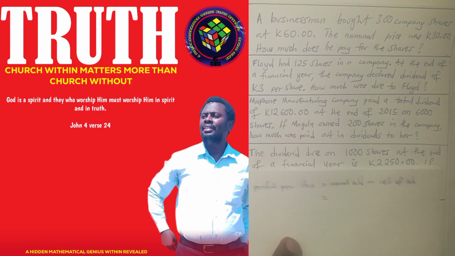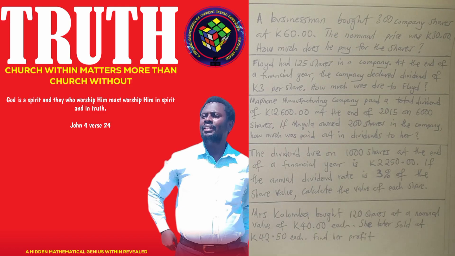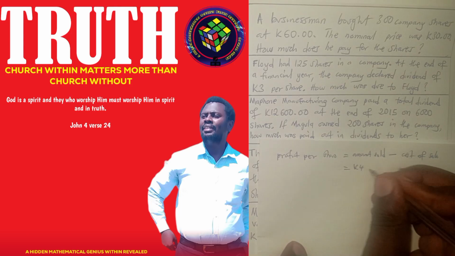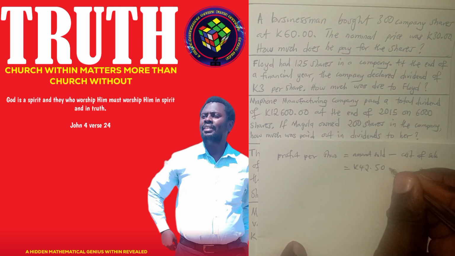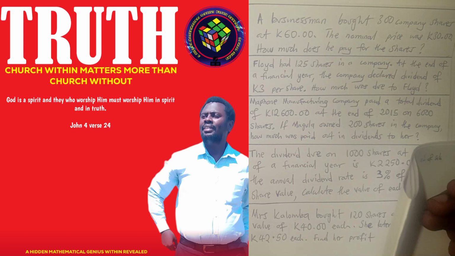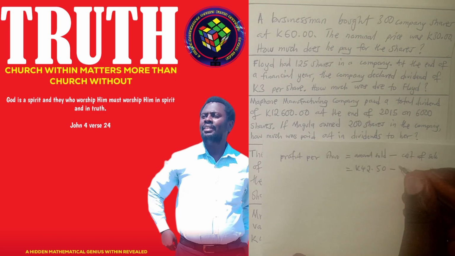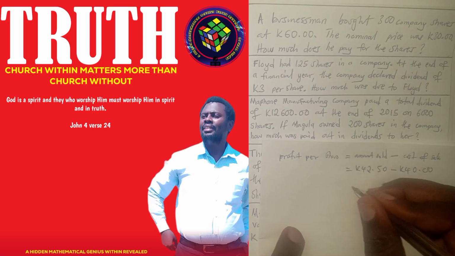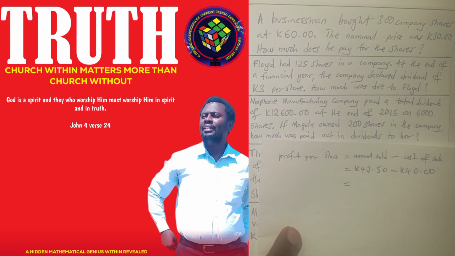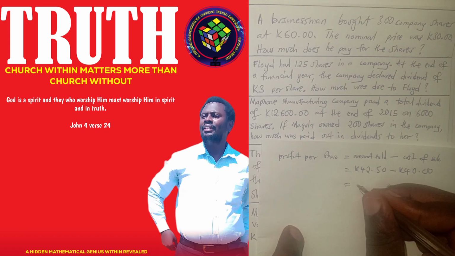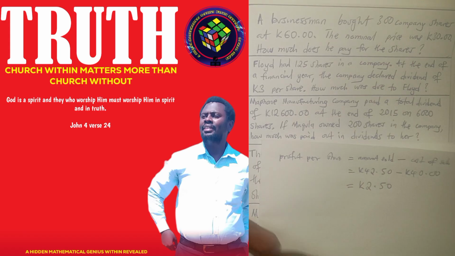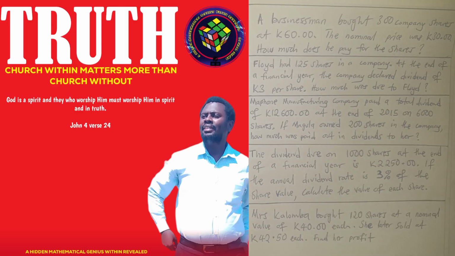So amount sold, she sold at 42 kwacha 15 ngwe. So we have 42 kwacha 15 ngwe minus the value was 40 kwacha 0 ngwe. So what is 42 15 ngwe minus 40 0 ngwe? Yes, you get 2 kwacha 15 ngwe. That is the profit per share.